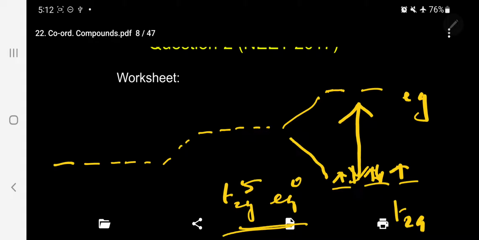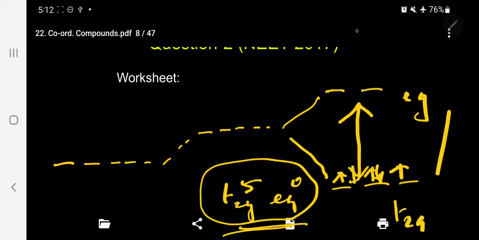Kindly follow. From this we cannot predict the hybridization. What we can predict only from that method is sp3d2, that is d2sp3. You can predict hybridization only from that one. This is to find out the electrons present here.